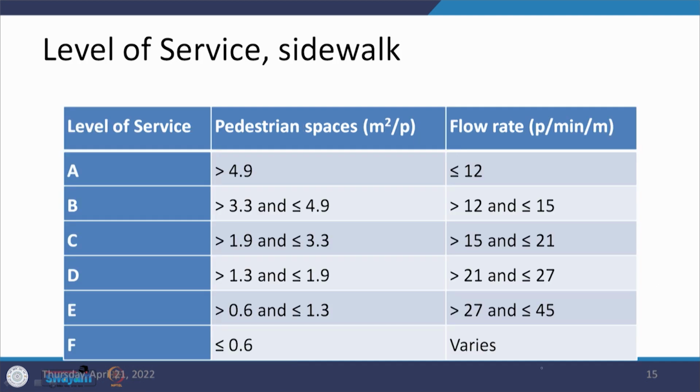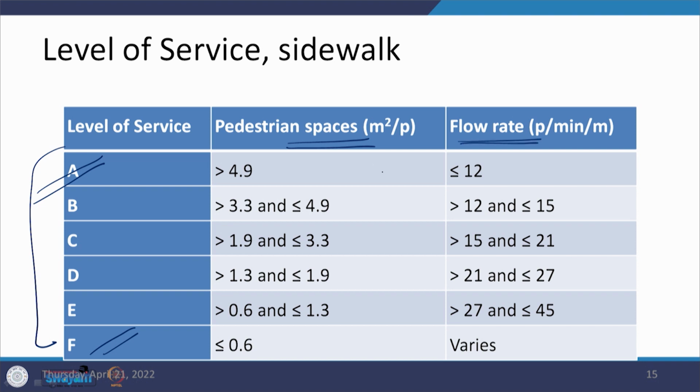In that sense, the level of service of the sidewalk is defined here from A to F. As we discussed previously, A defines the highest level, whereas F defines the lowest level. Two of the flow characteristics talked about here are the pedestrian space and the flow rate.